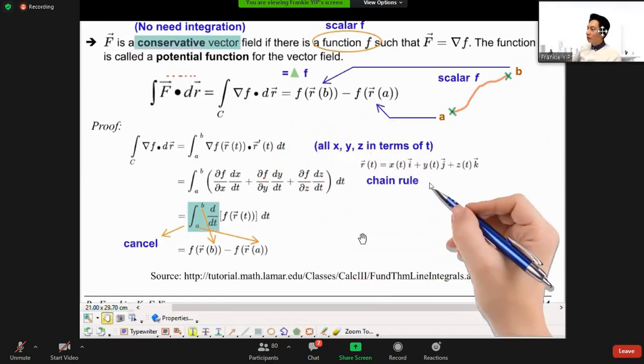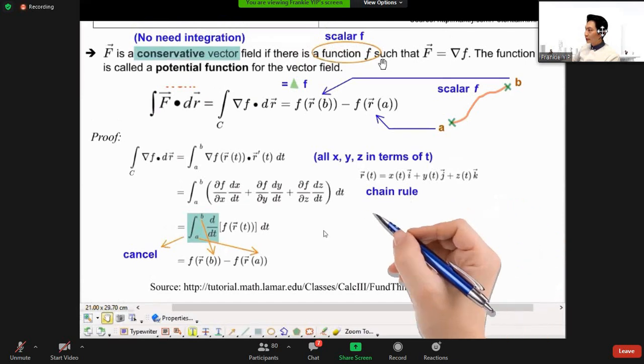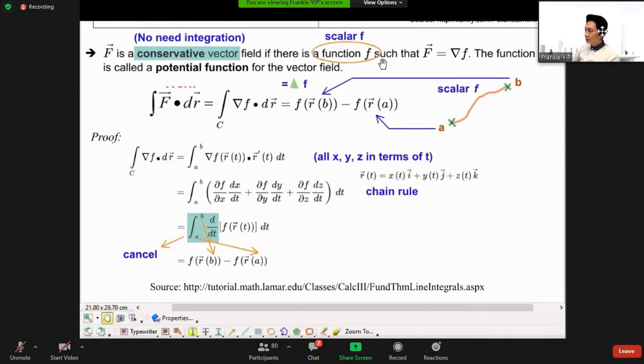So it makes all the things much easier. Got it? Okay, finish.